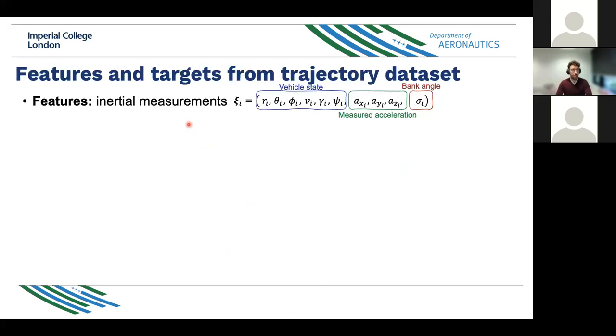So for the deep learning algorithm, we define our feature vector to be a vector of inertial measurements. These are essentially the vehicle state, so the position and velocity, the currently measured acceleration by accelerometers on board, and the bank angle that is being commanded to the spacecraft.